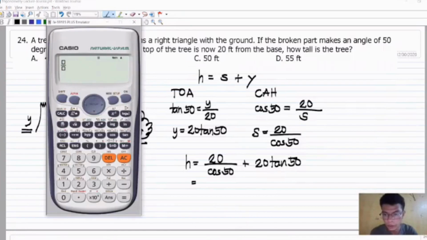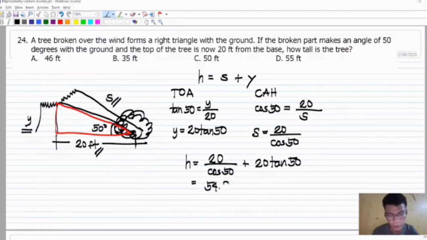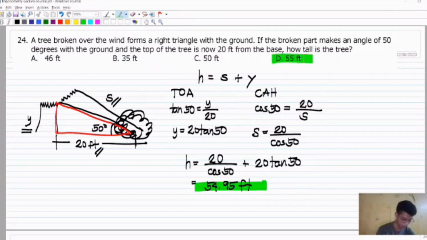So 20 over cosine 50 plus 20 tangent 50. And the answer is 54.95 feet. And that is letter D, pinakamalapit.